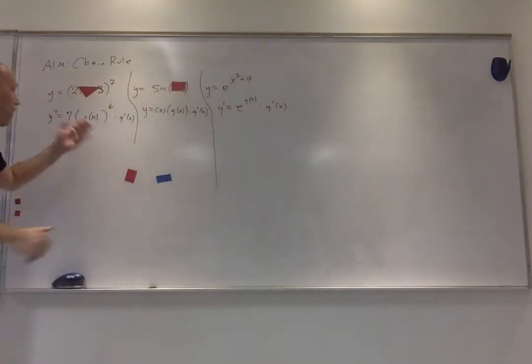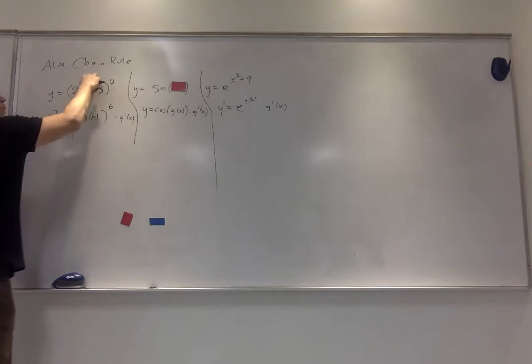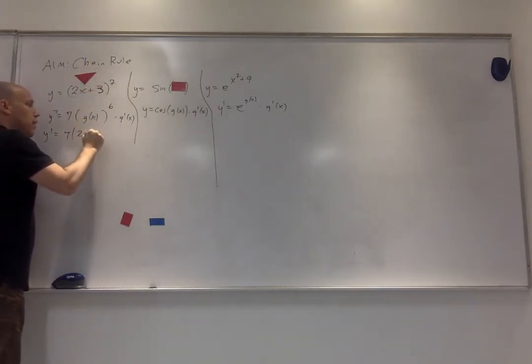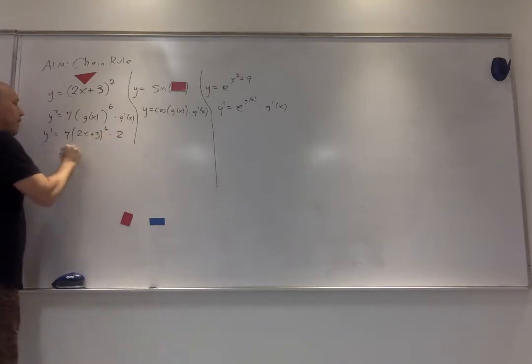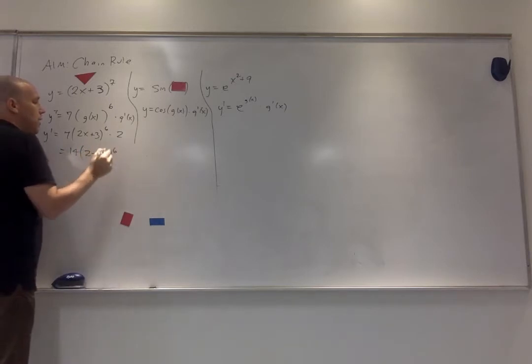Well, let's finish this up. Y prime is 7 times, what was the original function? Oh, (2x + 3) to the 6th times 2. Final answer, 14 times (2x + 3) to the 6th.